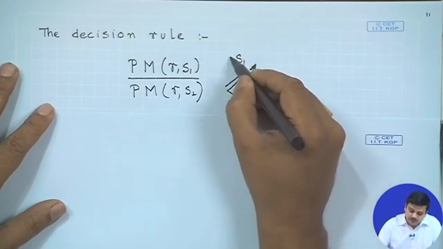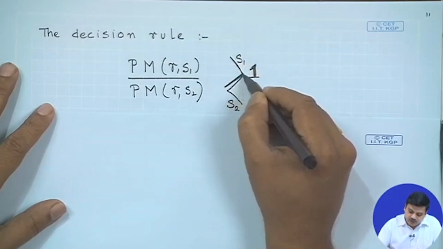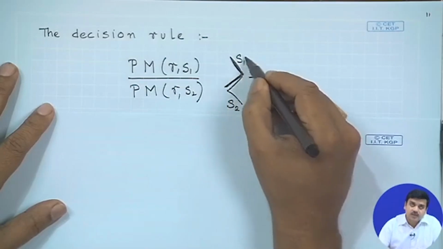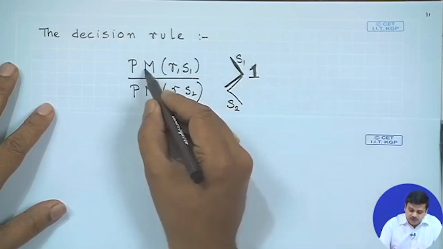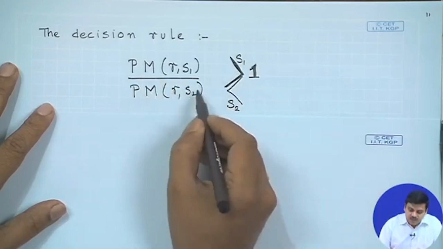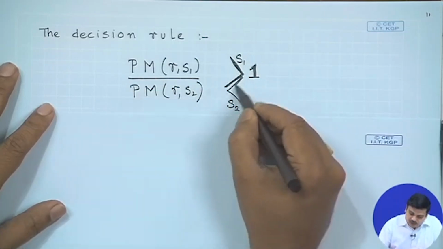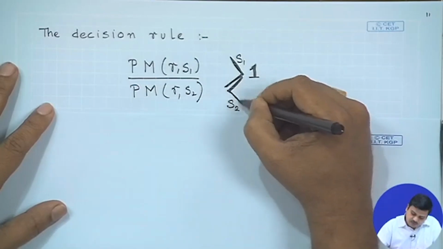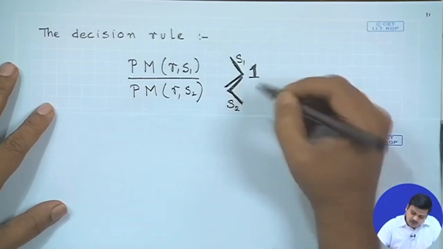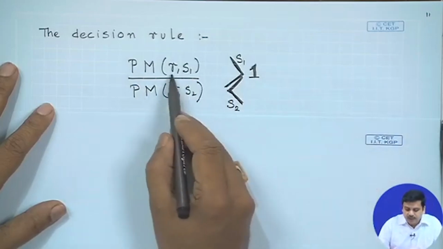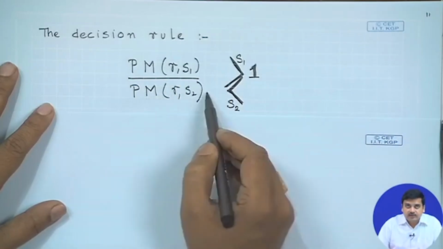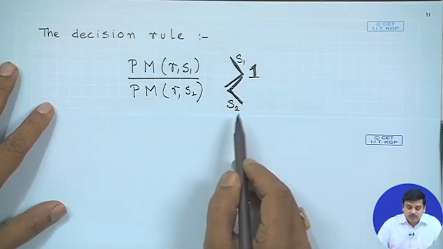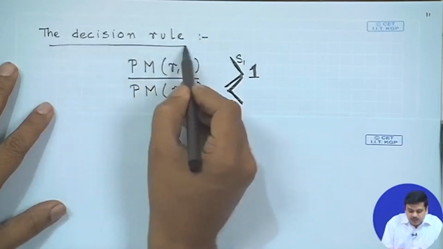So, if it is greater than 1, it is S1, and if the numerator is less than the denominator, that means the denominator is greater, then the ratio is less than 1. In other words, if the metric of R with S1 is less than the metric of R with S2, then definitely S2 was the transmitted signal, as per the decision rule.